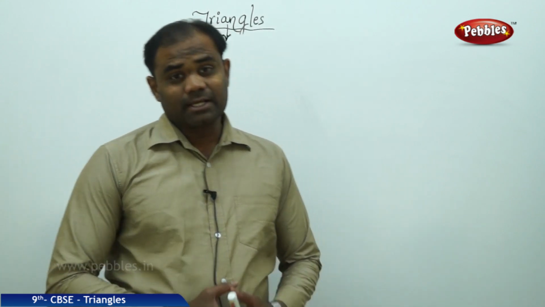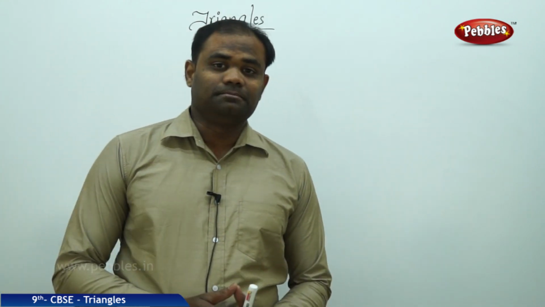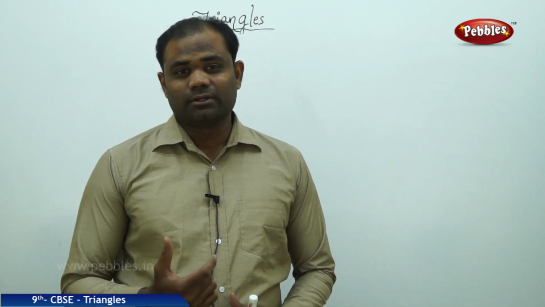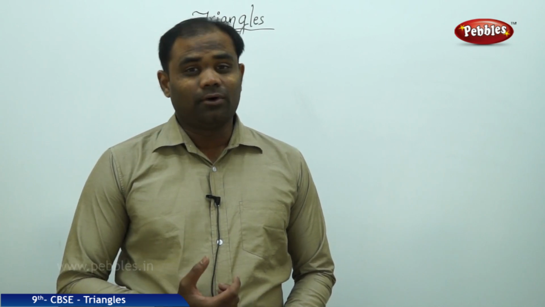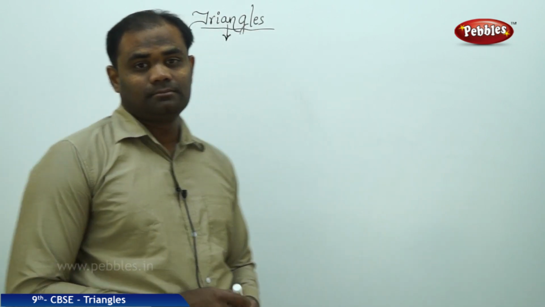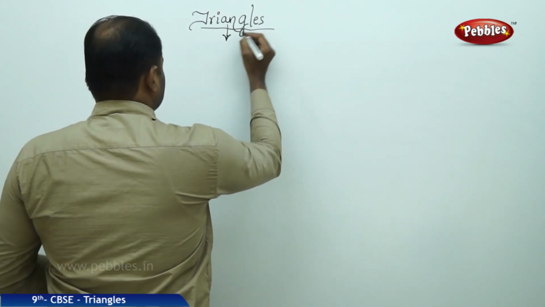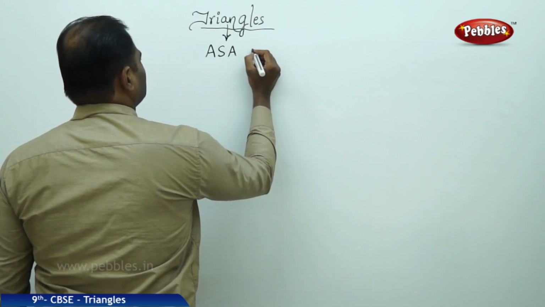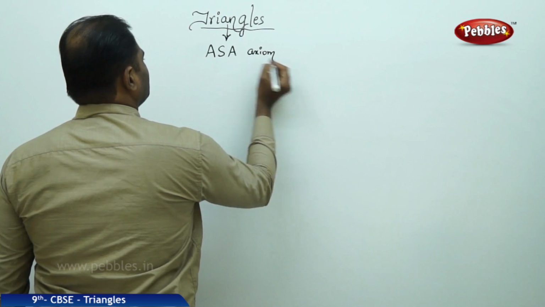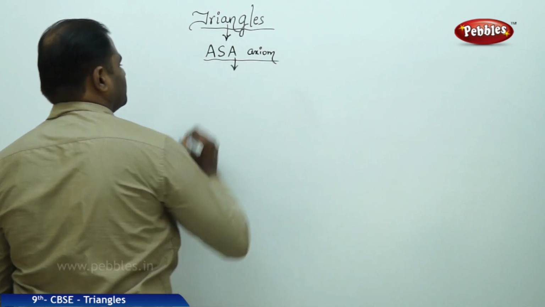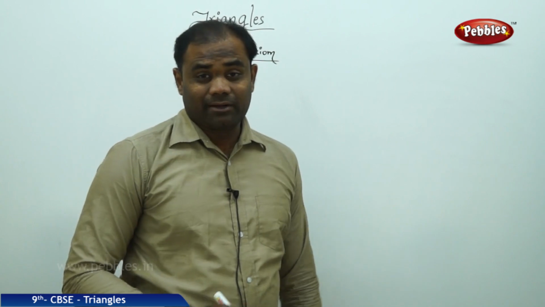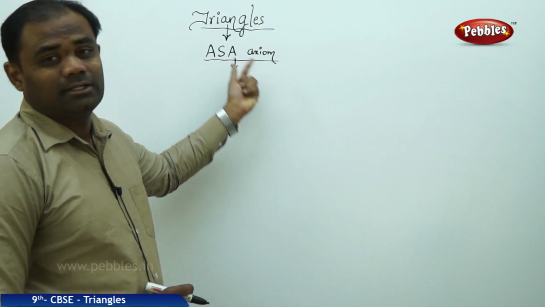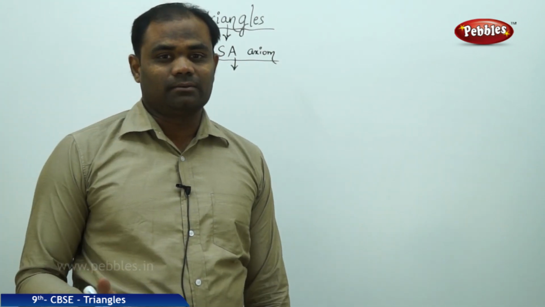Now that we have discussed SAS axiom, let's now discuss the congruency of triangles using the ASA rule or ASA axiom. What does ASA stand for? A stands for angle, S stands for side, and A stands for another angle of the triangle.